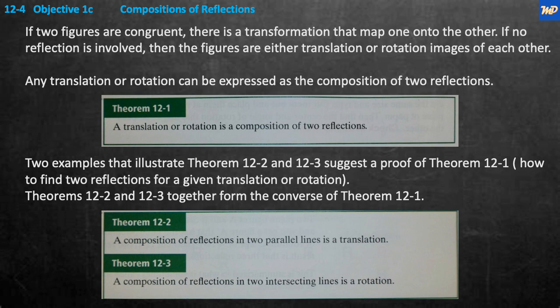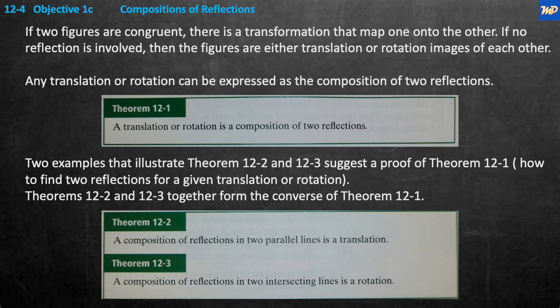Two examples that illustrate theorems 12.2 and 12.3 suggest a proof of theorem 12.1: how to find two reflections for a given translation or rotation. Theorems 12.2 and 12.3 together form the converse of theorem 12.1.